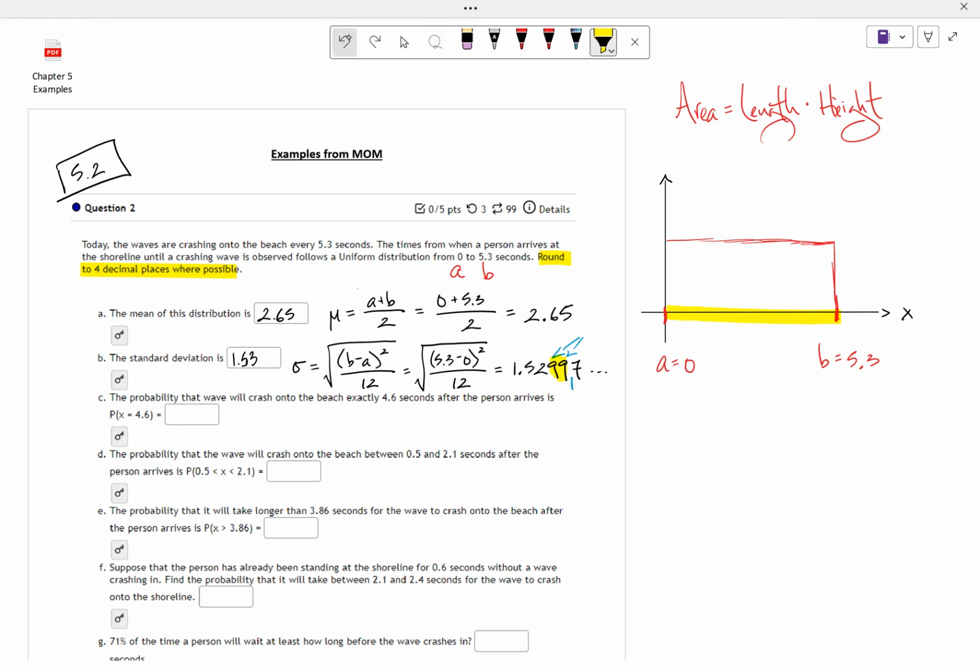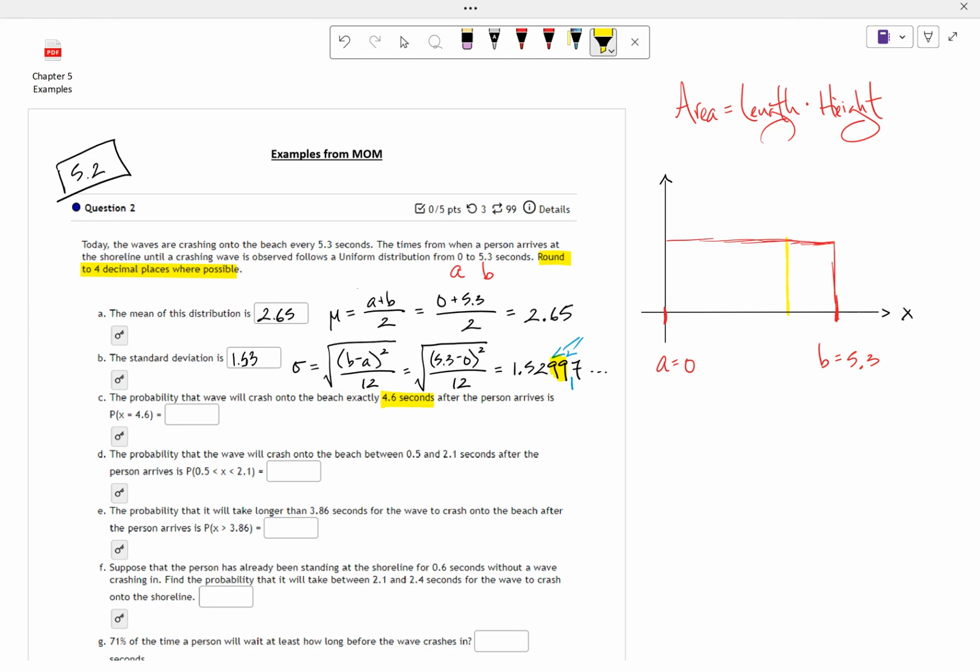Now the probability that a wave will crash onto the beach in exactly 4.6 seconds corresponds to the skinniest rectangle there ever was, just at 4.6 seconds.